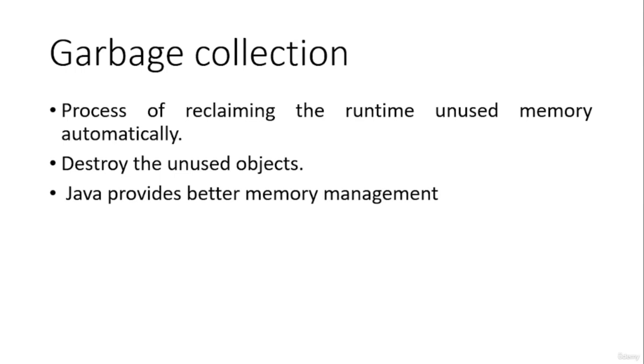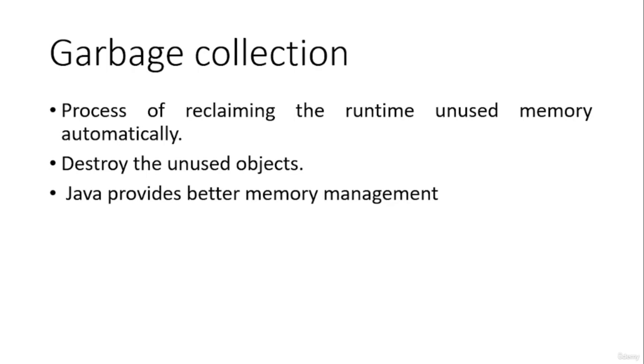Garbage collection is an important process in which unused, dereferenced objects are reclaimed by the system. It is an automatic process done by Java in the background. Whenever we are not using an object and the object is dereferenced, garbage collection will trigger and destroy the object.